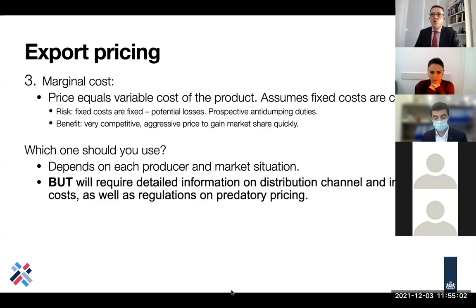So the question is, which one of these three should you use? It depends. It depends on the product, on the market, on the situation, on the company. Hey, if you can get away as a company with doing the marginal cost pricing because in effect your fixed costs are covered, hey, go ahead.